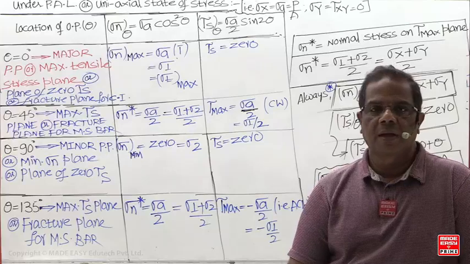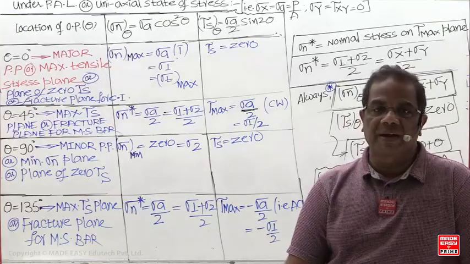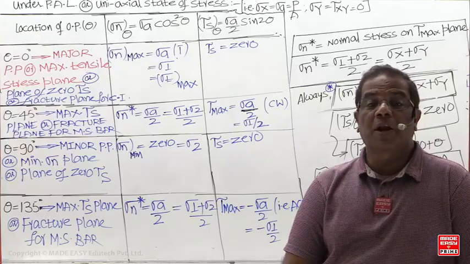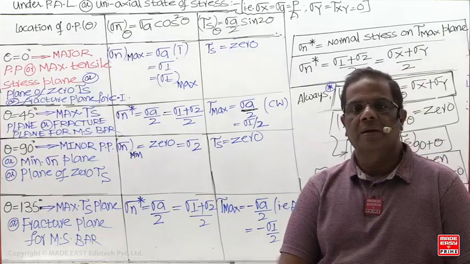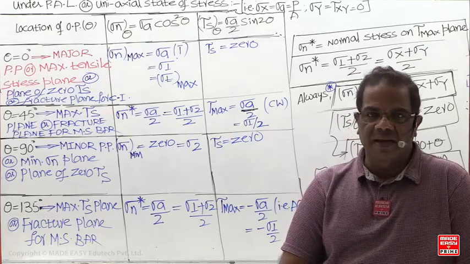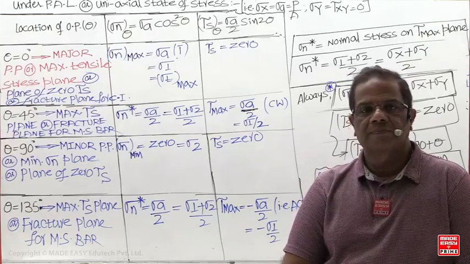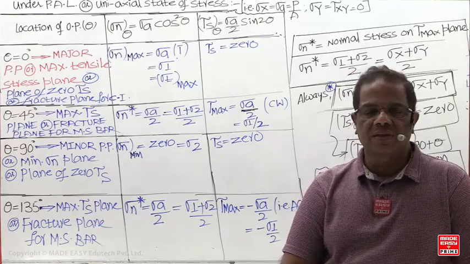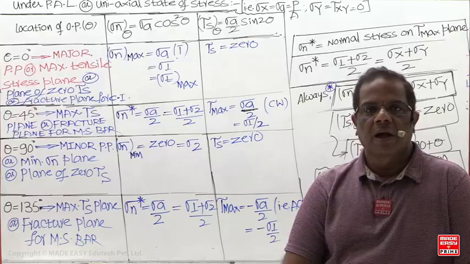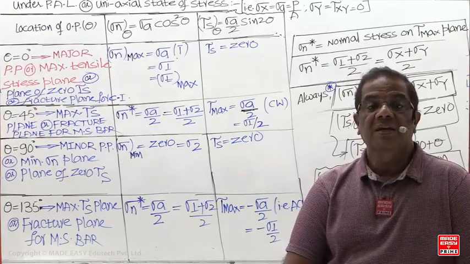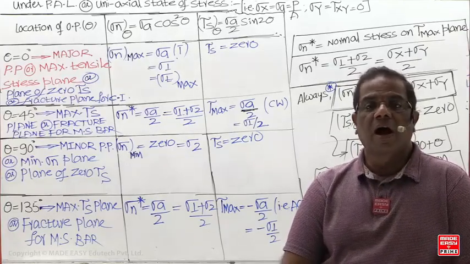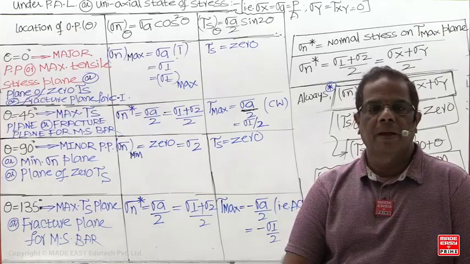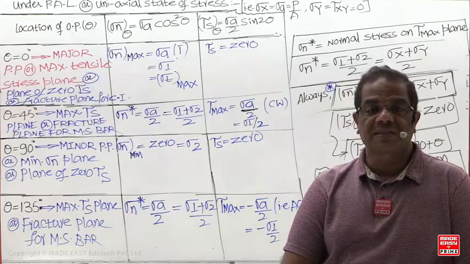Principal planes are the complementary planes, within bracket, that is mutual perpendicular planes, bracket close, on which shear stress is 0.